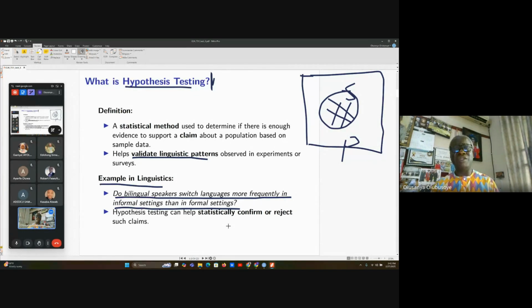So how do we come to a conclusion that is scientific and systematic? This is what hypothesis testing helps us to achieve.